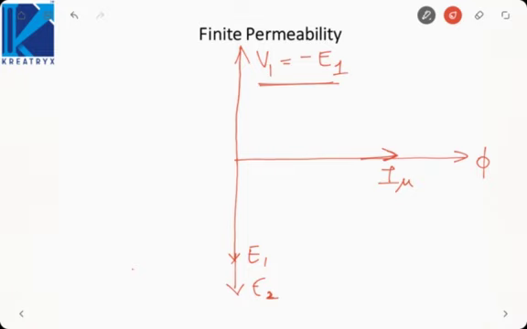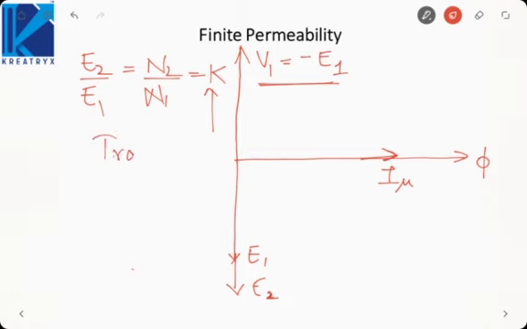Is it fine? Now let us make some observations from whatever we have studied. First of all, we saw E2 by E1 is equal to N2 by N1. It is equal to K, which is called the transformation ratio. That is the ratio in which the voltages are transformed from the primary to the secondary winding.